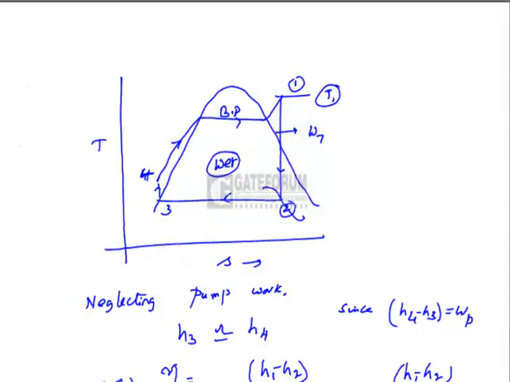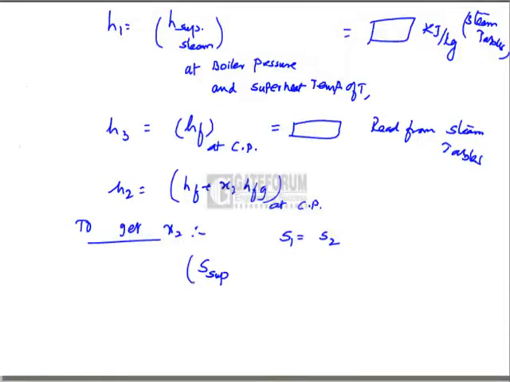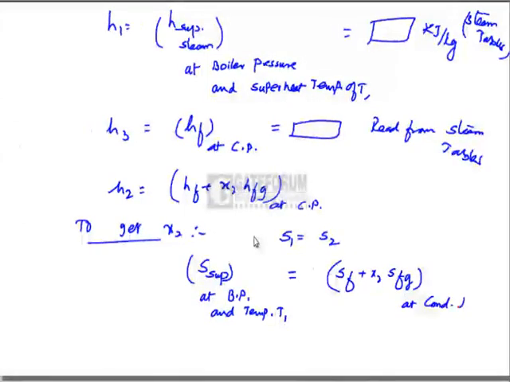S1 is the entropy of the superheated steam at boiler pressure and temperature T1, which is read from the table, that is equal to S2, the entropy of the wet steam at state 2, which is given as SF plus X2 into SFG at condenser pressure.